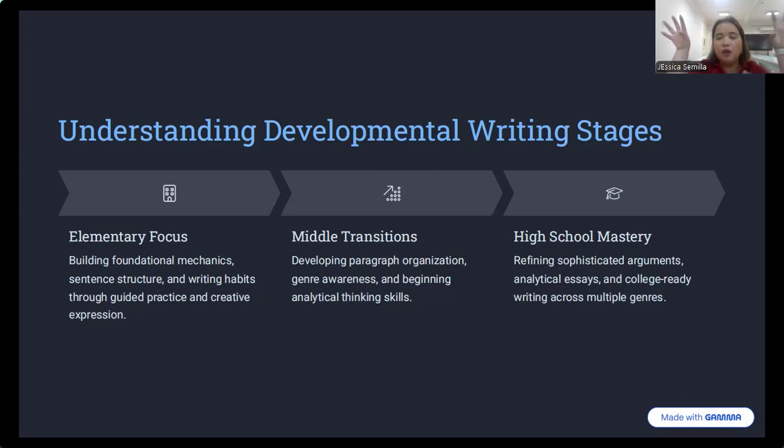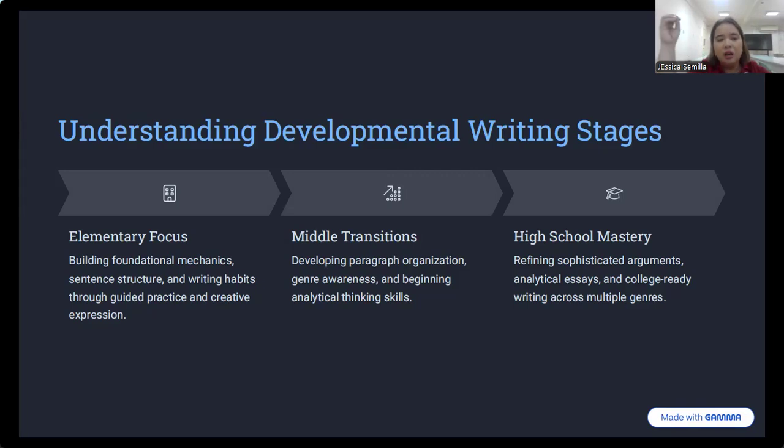So you need to have first an idea of what should be the focus of the writing skills so that you will know what you're about to teach, what should be the focus of the objectives under the following. Of course, under elementary focus, you need to build the foundational mechanics, which leads to understanding sentence structure, and writing habits through guided practice and creative expression.